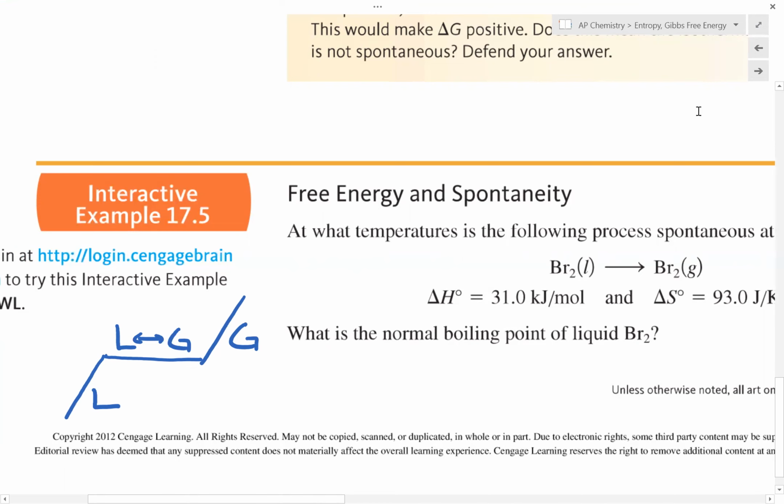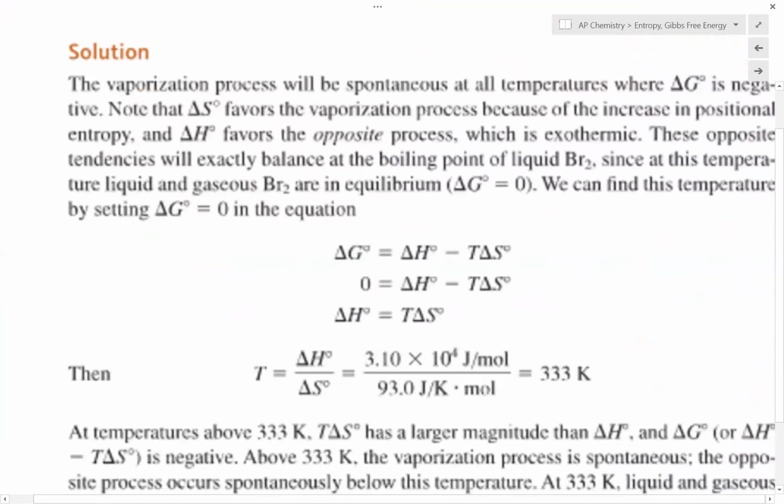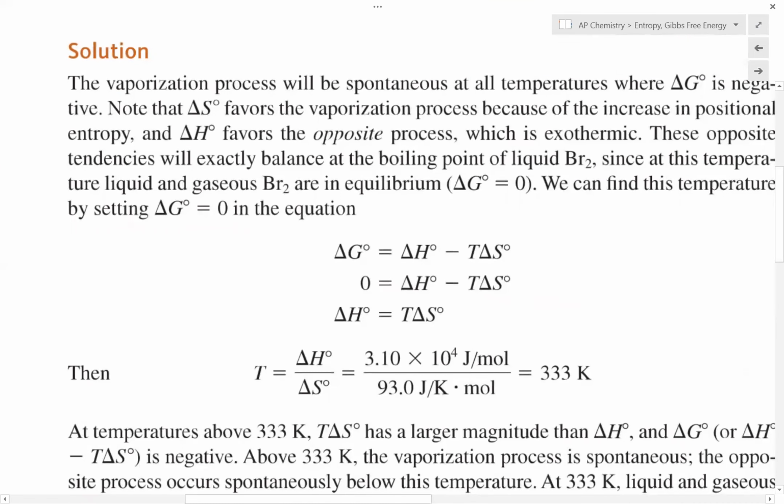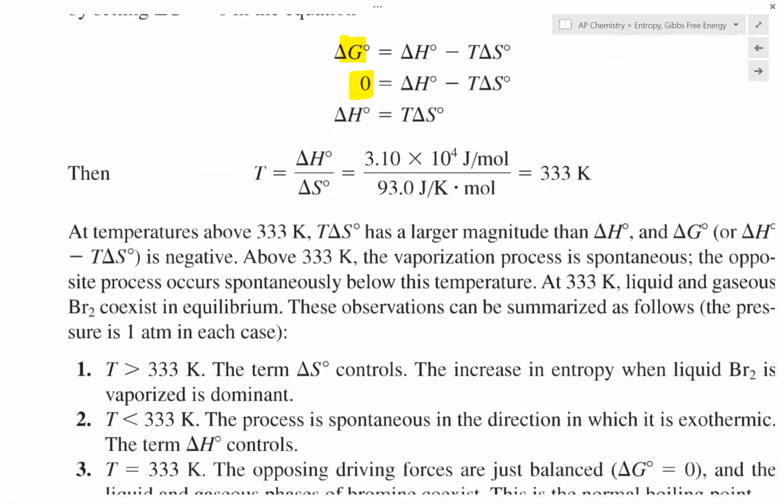Notice the delta G was given as 0 because it was at equilibrium, and so that's why you have 0 equal to delta H minus T delta S. Then they were able to calculate the temperature at which it would boil, because that's the state of equilibrium.